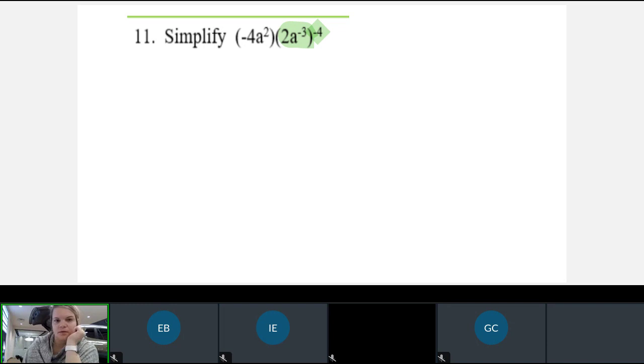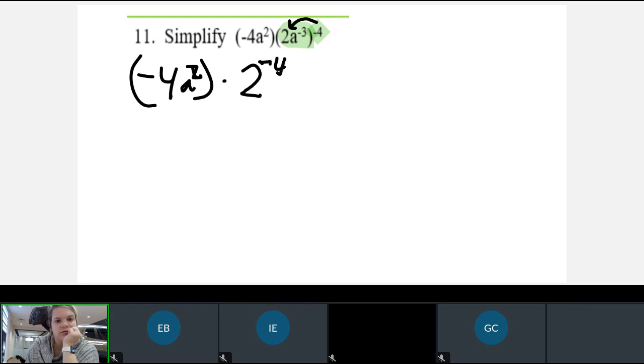Okay. So we're going to go ahead and leave this first set of parentheses alone for now and distribute this. So we would have 2 to the negative 4, and now a to the negative 3 times negative 4.